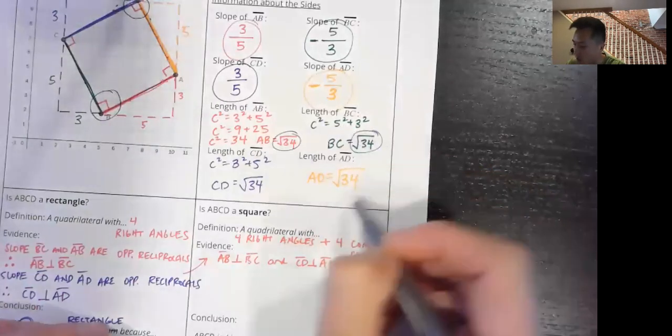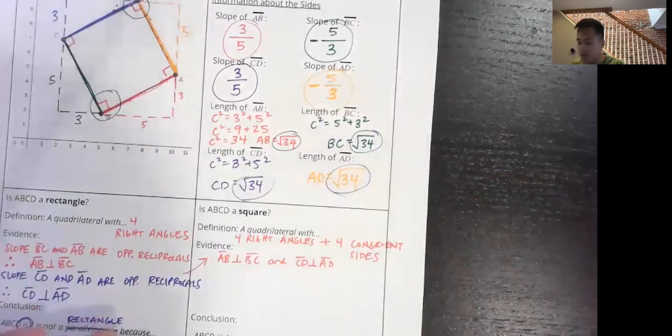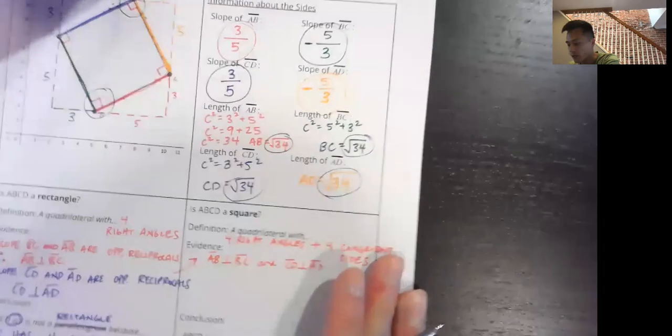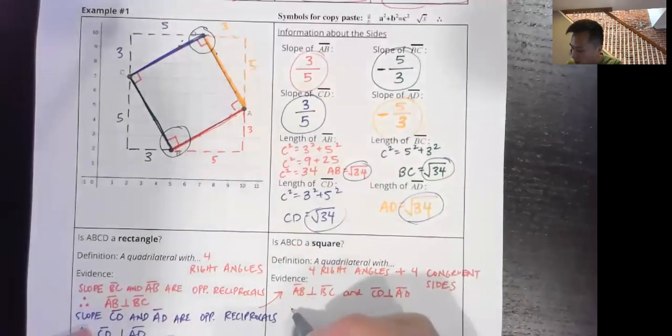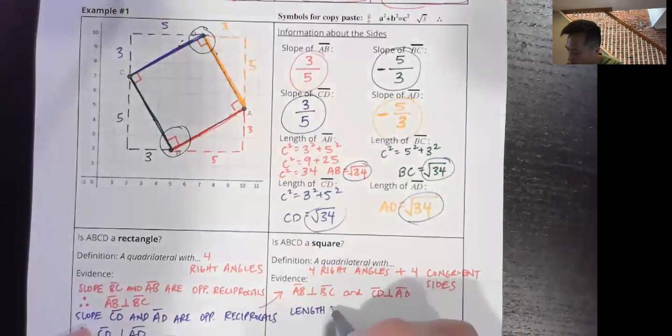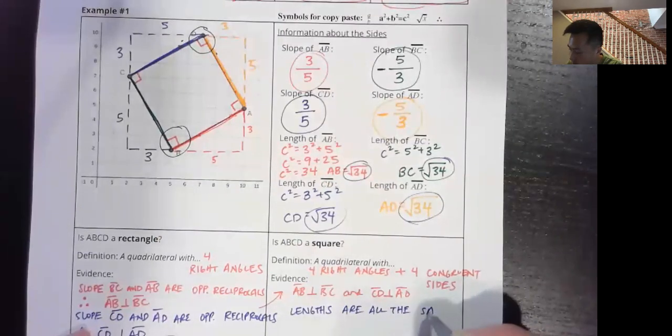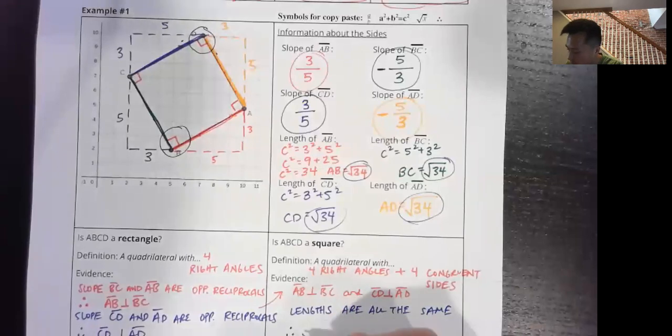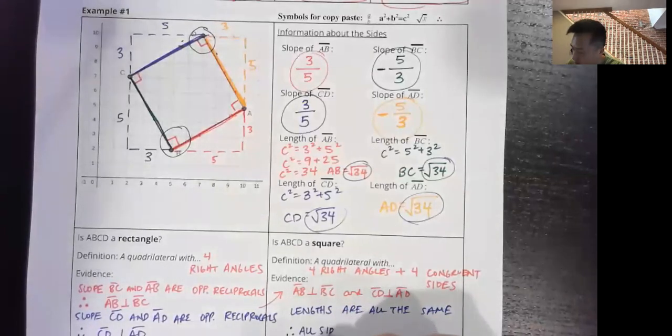This is square root of 34, so is this one, and so is this one. All right, so I can say the lengths are all the same. Therefore, all sides are congruent.